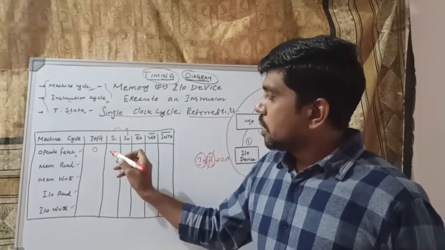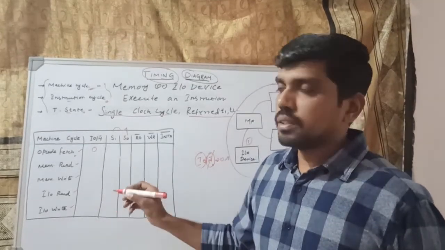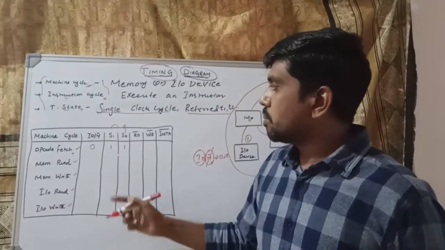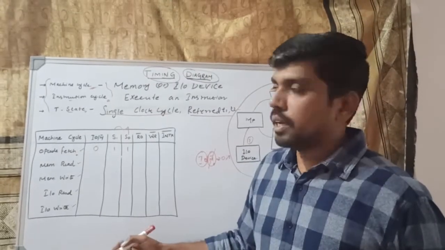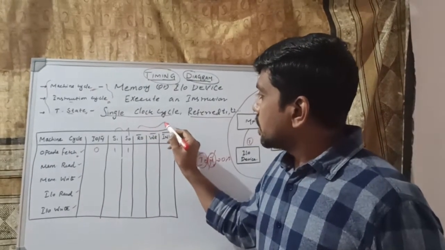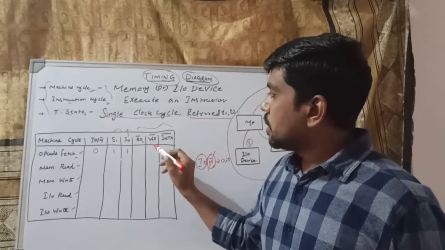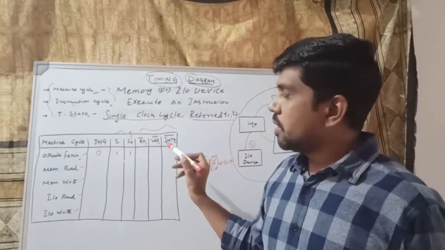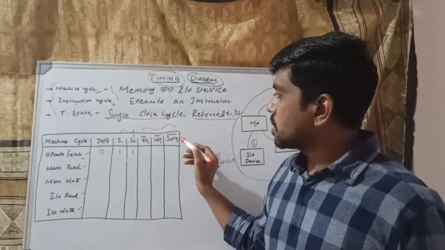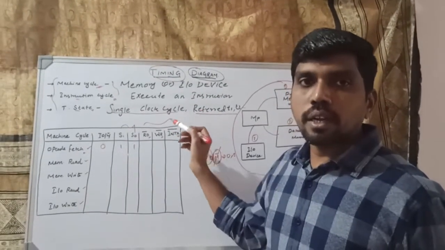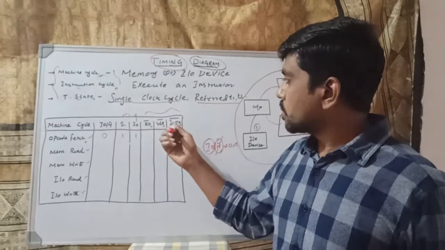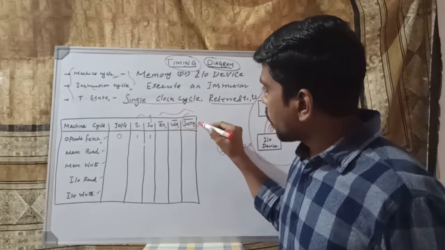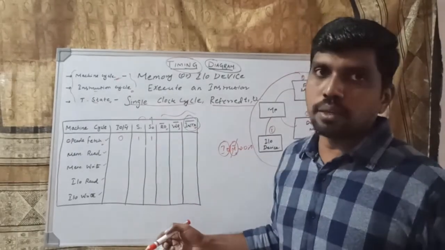For fetch, both values are 1. The remaining 3 signals are read, write and INTA. If there is an interrupt, first you send the request signal, then the microprocessor sends the acknowledgement signal, so this last signal is used only for the interrupt case.